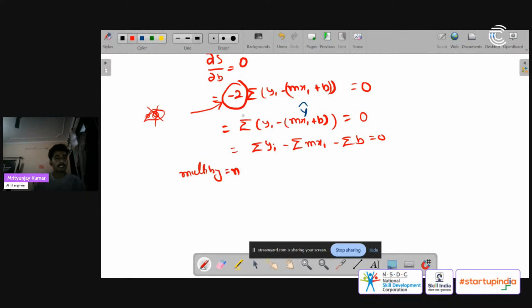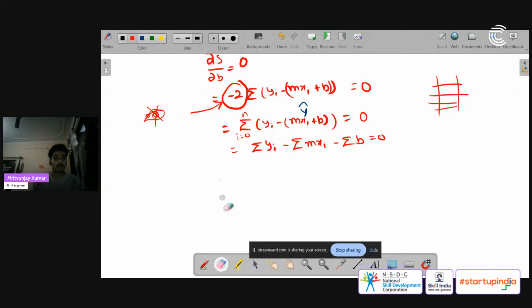Summation already contains i equal to 0 till n, n number of data, n rows, and this is i for every row. Sorry, not multiply, we are going to divide by n.